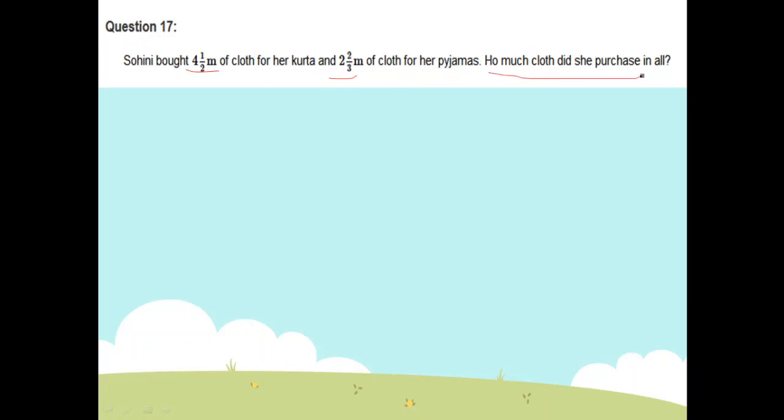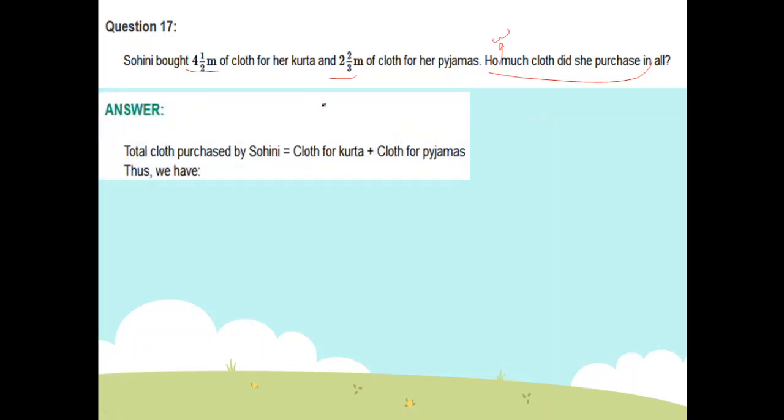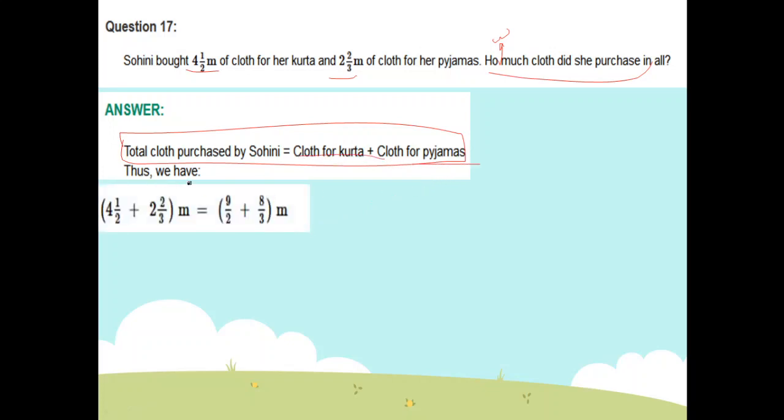How much cloth did she purchase in all? Here also the concept is plus. So first we write the cloth for kurta and next the cloth for pajama, and after that we find the cloth purchased by Sohini, which is the sum of the two given quantities.